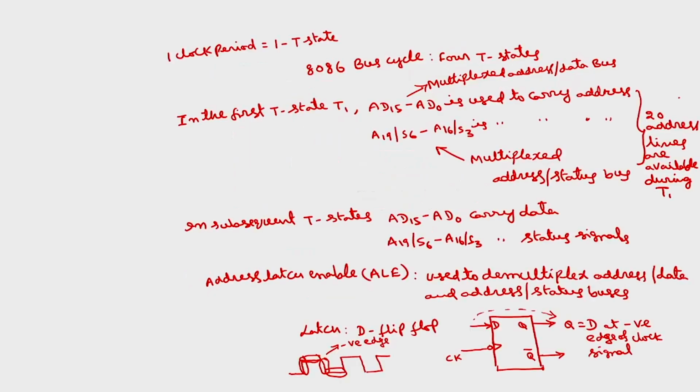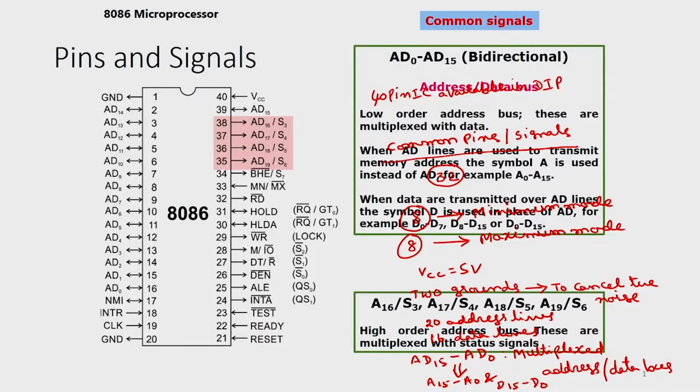So what are the other common signals? Out of these, I have discussed ground and AD15 up to AD0. Then, going in this order, NMI and INTR, which I already discussed in the last class. These are the two interrupts of the 8086.